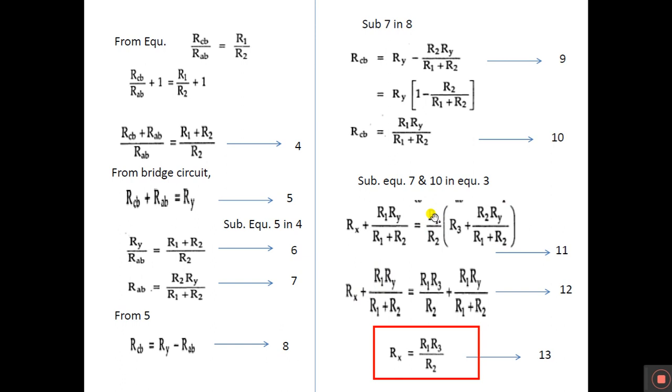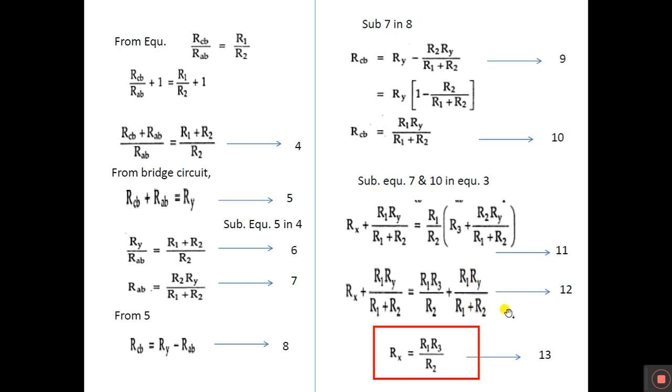Now multiply this R1 by R2 ratio on the right hand side. So R1 R3 divided by R2 plus R1 R2 Ry divided by R2 into (R1 plus R2). Anyway, both R2 cancel. Once the R2 cancel, you will get R1 Ry divided by (R1 plus R2).